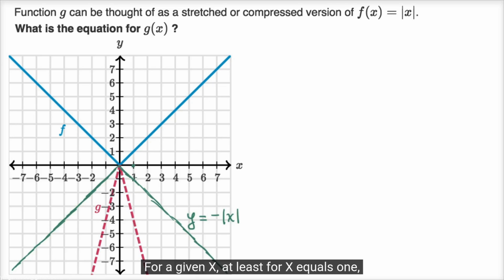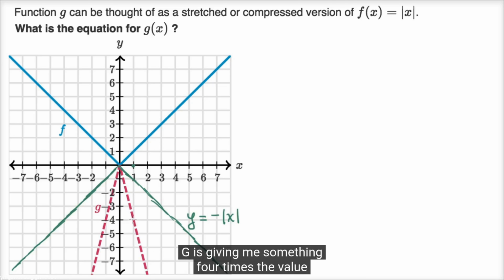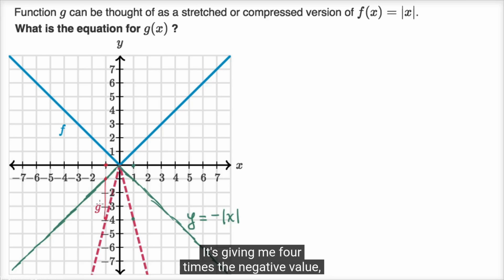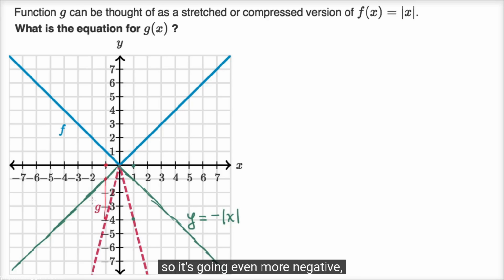For x equals 1, g is giving me something 4 times the value that my green function is giving. That's not just true for positive x's, it's also true for negative x's. You can see it right over here. When x is equal to negative 1, my green function gives me negative 1, but g gives me negative 4. So it's giving me 4 times the negative value, so it's going even more negative.